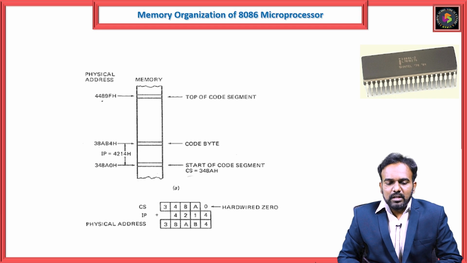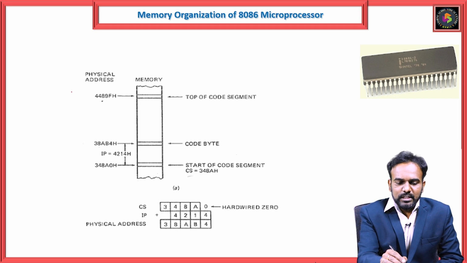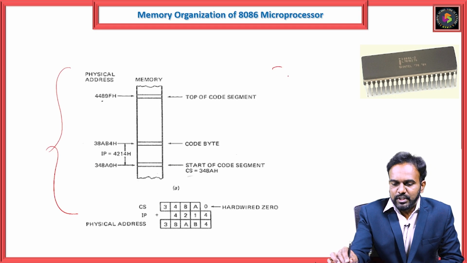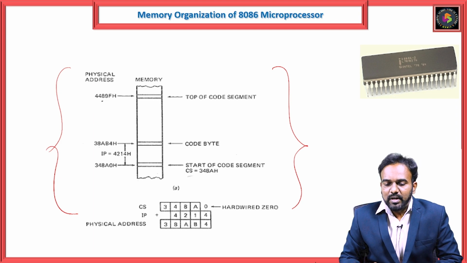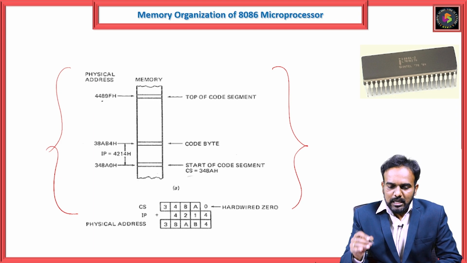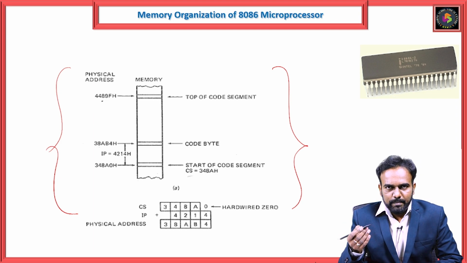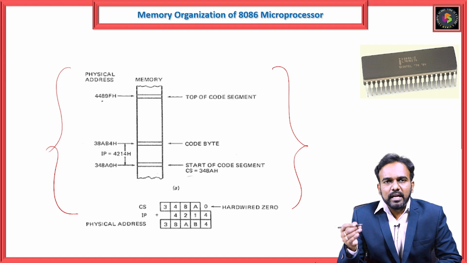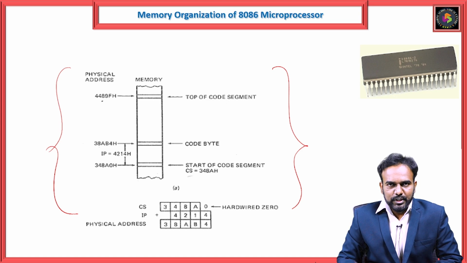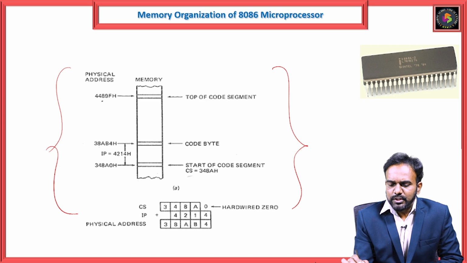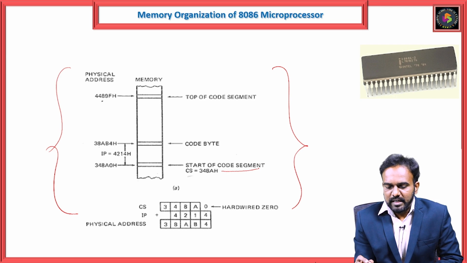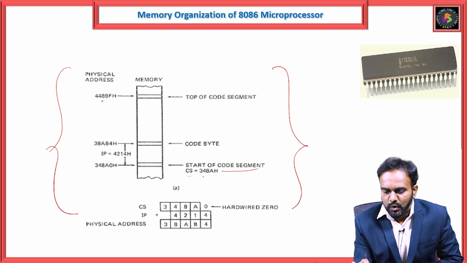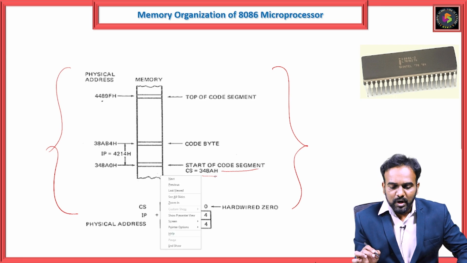This particular slide shows that this is the 64 KB of our code segment. In this 64 KB of the code segment, we are going to check how to calculate the 20-bit address, that means how to access the data from the particular memory location. This is the starting address of the code segment, 34BA.